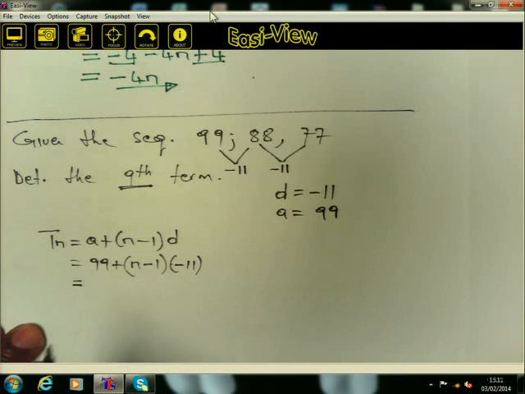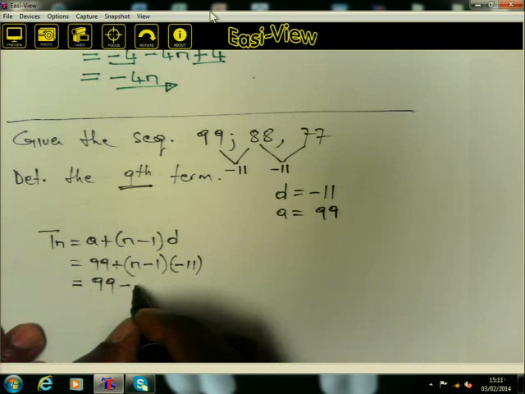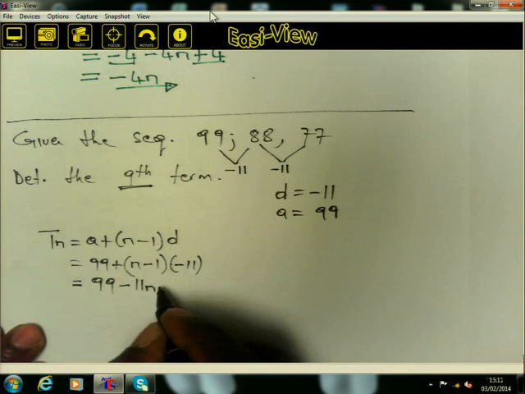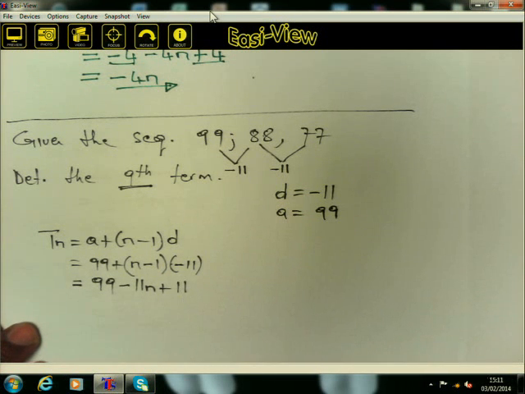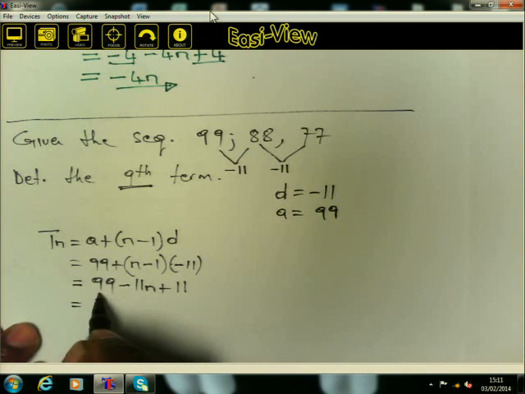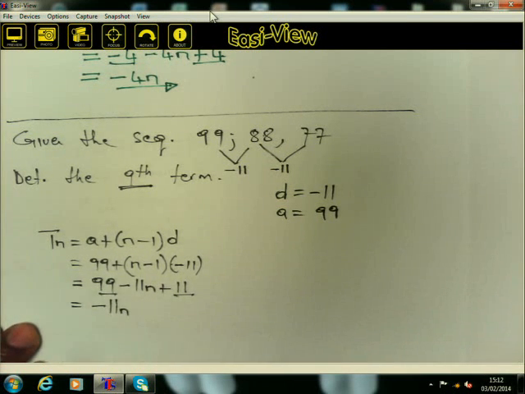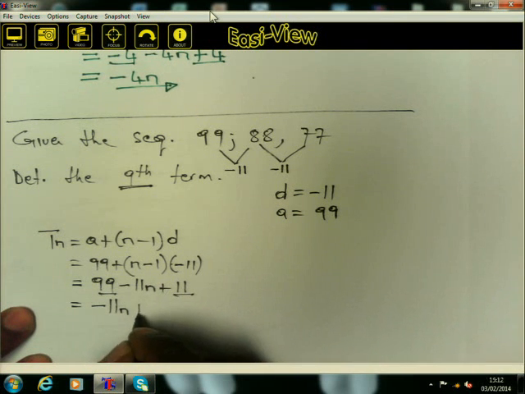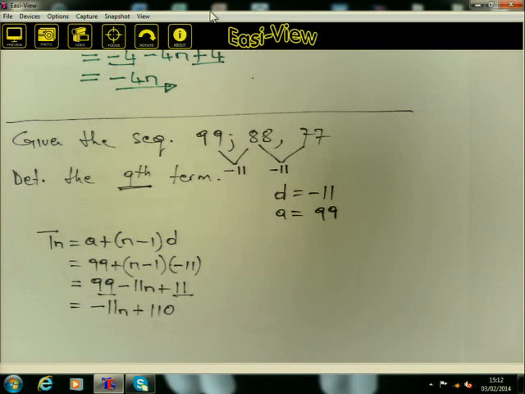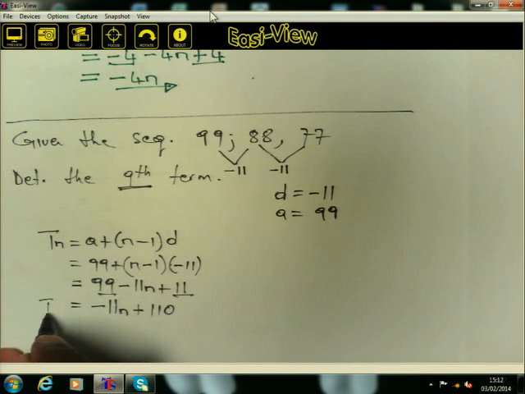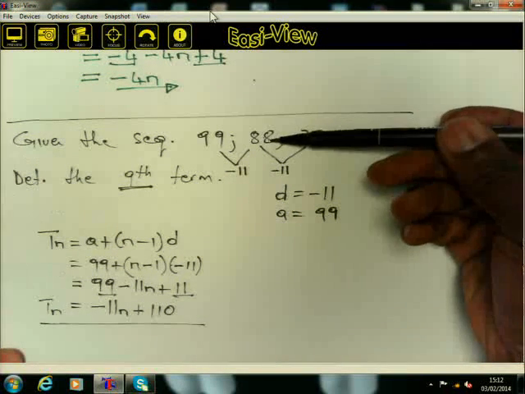Ultimately, we are going to have 99 there, and then we multiply there to get minus 11n, and then you add 11 there. So this and that one are also like terms. So we have minus 11n. 99 plus that one is going to give us 110. So this one is the general term for this particular sequence.